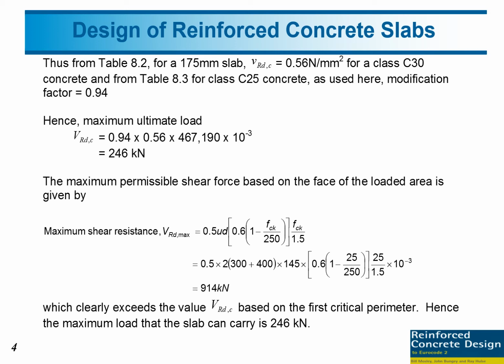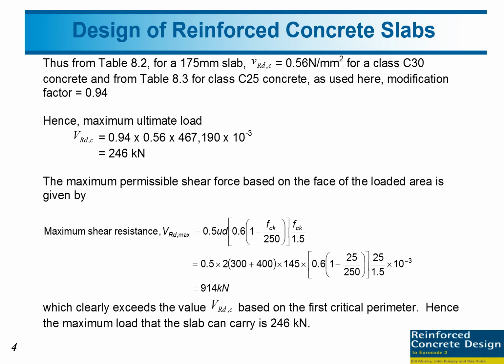After that, calculate the maximum shear resistance, VRd max. It uses the same formula as when you design shear reinforcement for a beam. Here U is the perimeter of the column, meaning 2 multiplied by A plus B. A and B are the dimensions of the column, so the perimeter of the column is 2A plus 2B, multiplied by D of 145, with fck of 25.